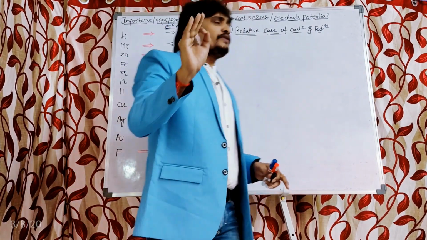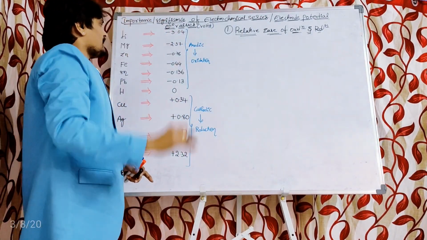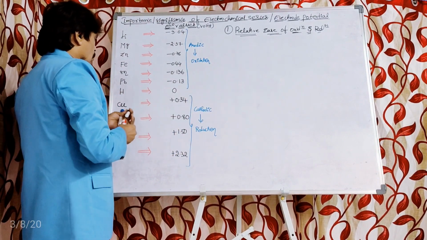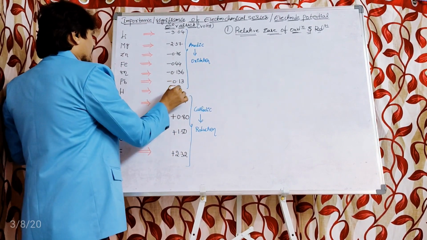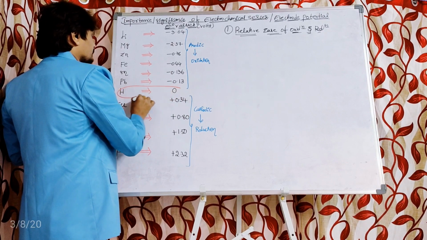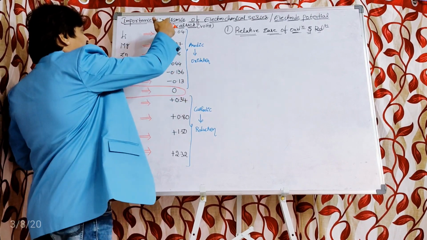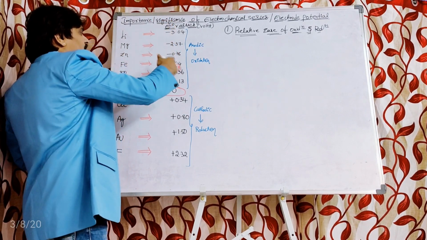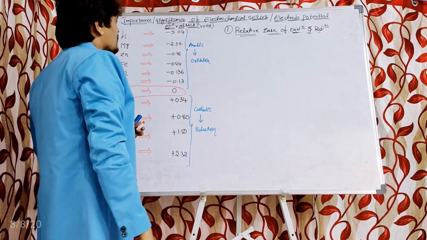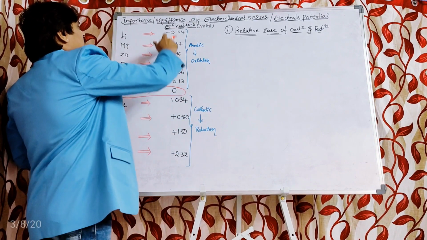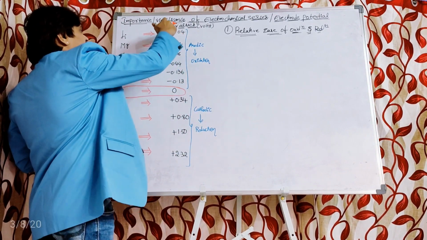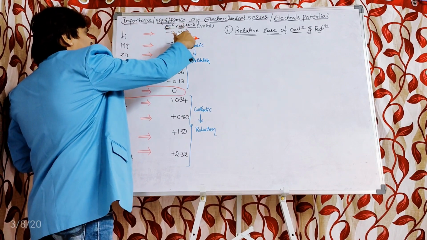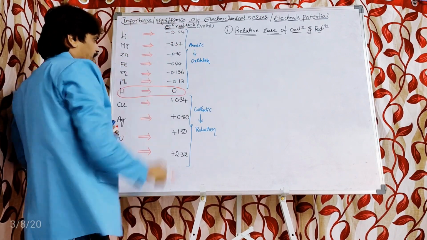Now this electrochemical series says that the electrodes which are above the hydrogen are associated with negative standard reduction potential values, and since they are associated with negative standard reduction potential values, they act as anode and undergo oxidation.